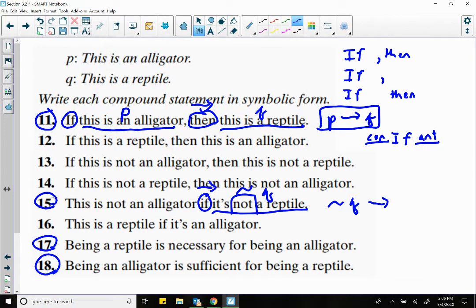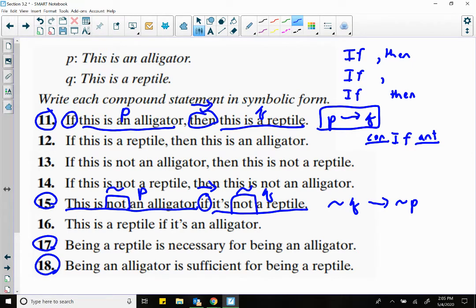Because the then part is actually right here at the beginning. They flip-flop spots. This is not an alligator. So that's squiggle, and an alligator is P. So this is what that statement really looks like. Negate Q, arrow, negate P. They just wrote it backwards. Okay? So be careful of that.